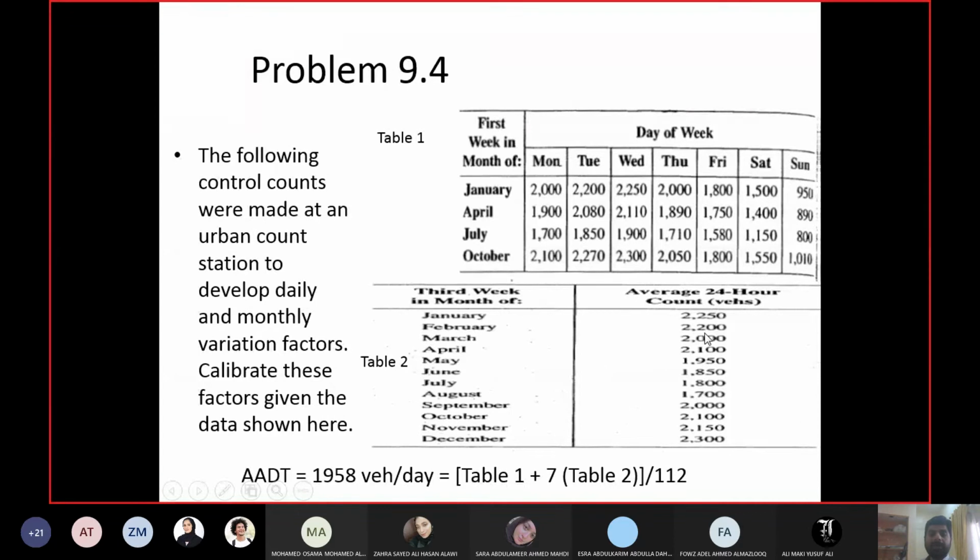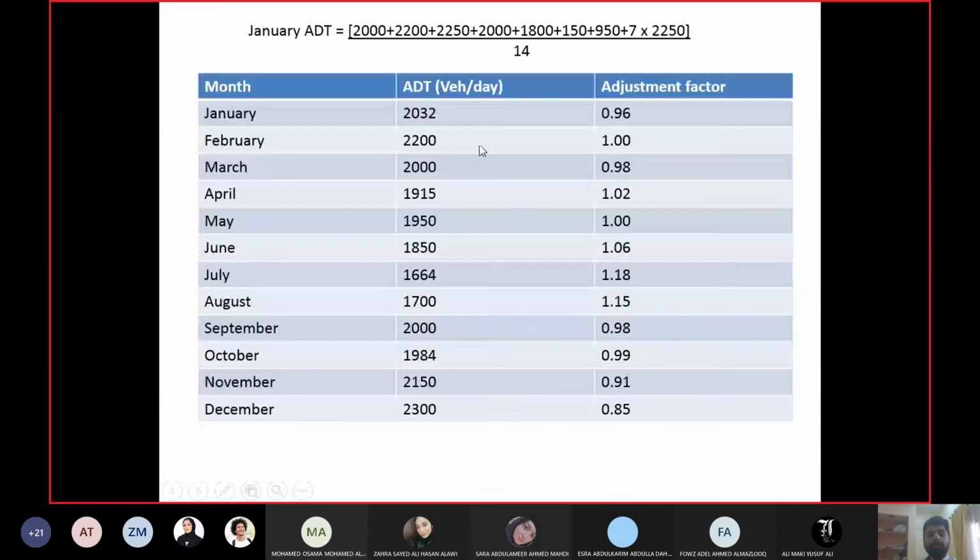So the adjustment factor for February will be 1958 upon 2200. And for March, same thing. Average traffic is 2000, so 1958 upon 2000 will give you the adjustment factor of March.